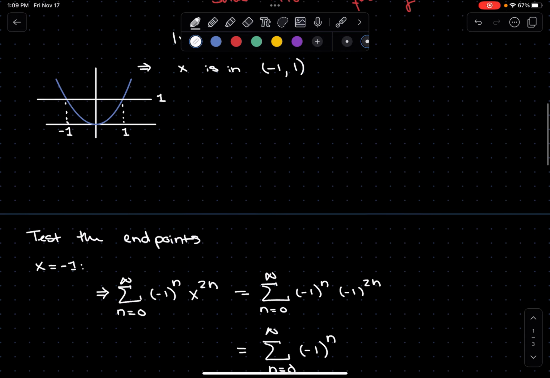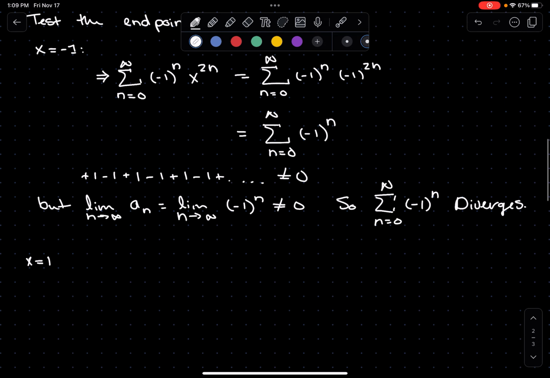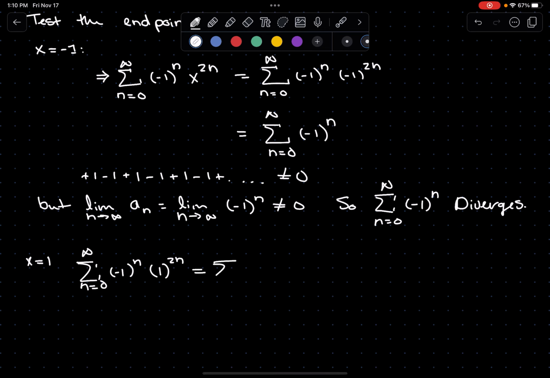We're going to get the exact same series, because 1 to the 2n is still going to be equal to 1. So our series is the sum from n equals 0 to infinity of negative 1 to the n times 1 to the 2n. That's still going to be the series negative 1 to the n, which diverges.